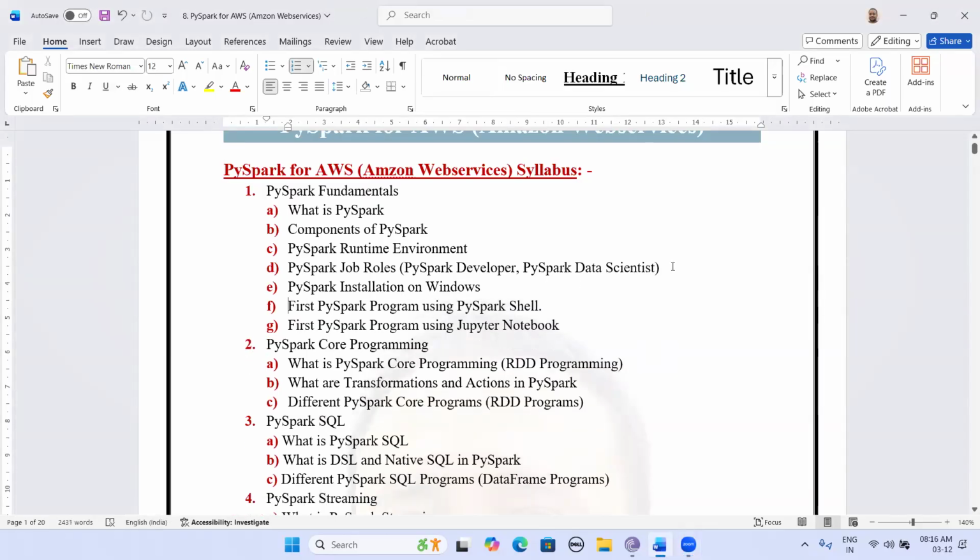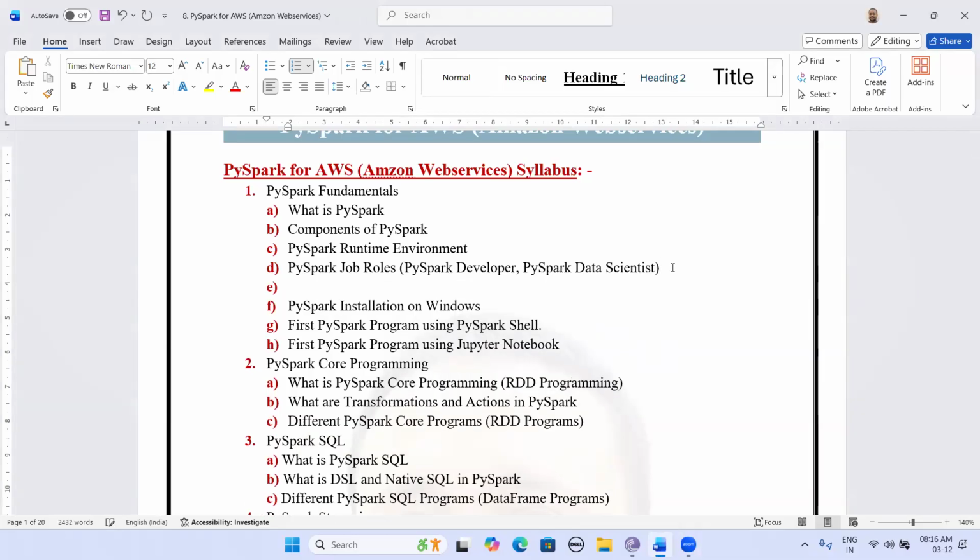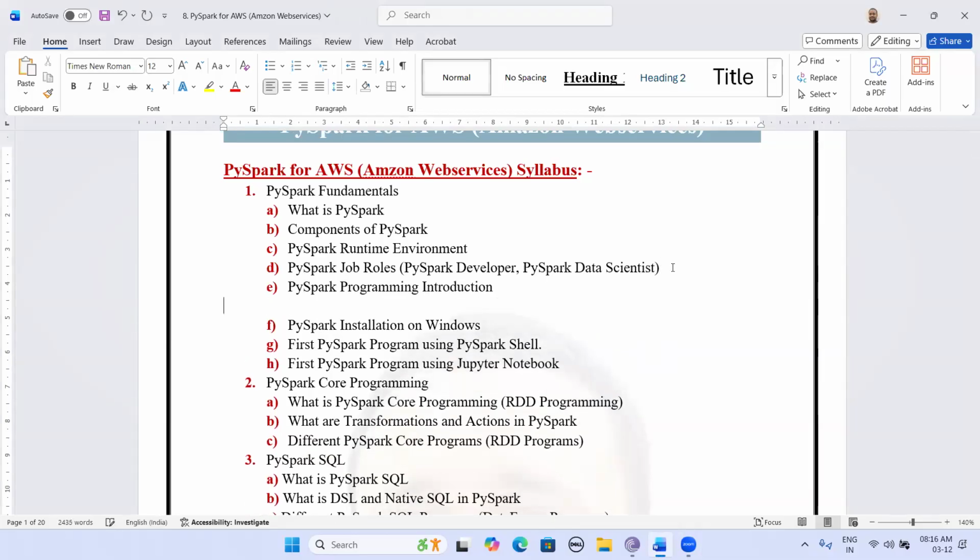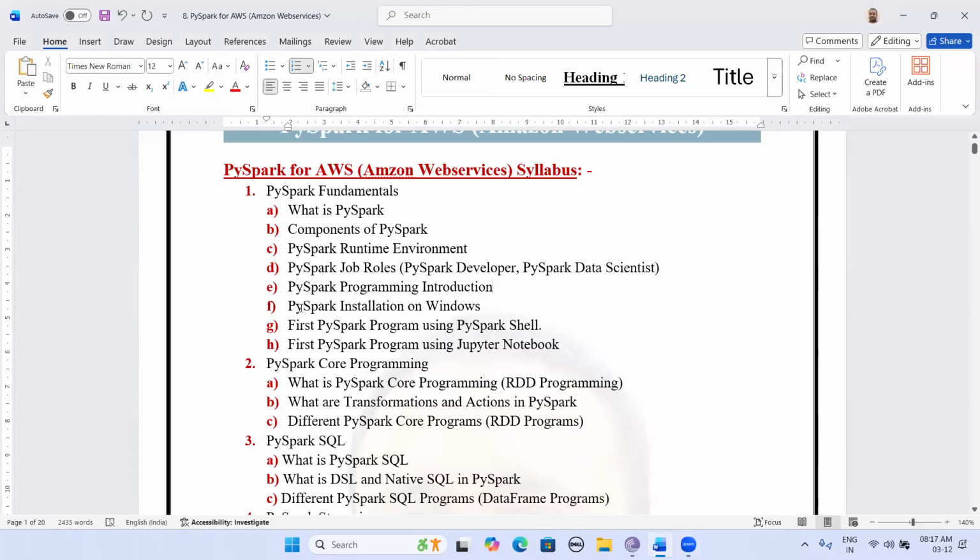Let's say we'll discuss PySpark programming introduction first, and then we understand what are softwares required. Then we are going to discuss PySpark installation. Then we are going to see first PySpark program using PySpark shell, and then first PySpark program using Jupyter Notebook.